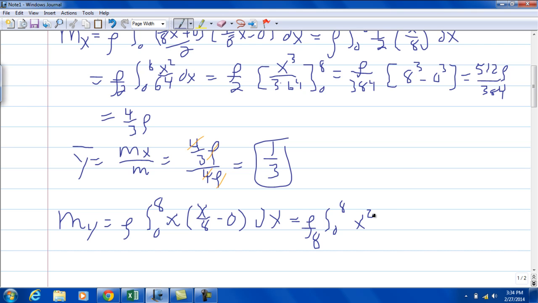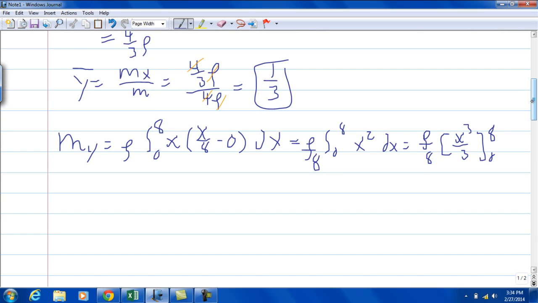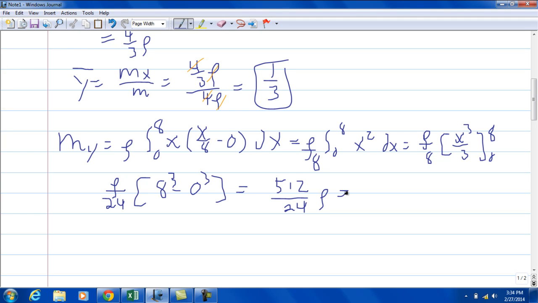So the 8 is out there. x squared dx, rho over 8 times x cubed over 3 from 0 to 8. So I could pull that 3 out as well. So it'd be rho over 24 times 8 cubed minus 0 cubed. So that's going to be 512 over 24 rho. And that reduces to 64 over 3.